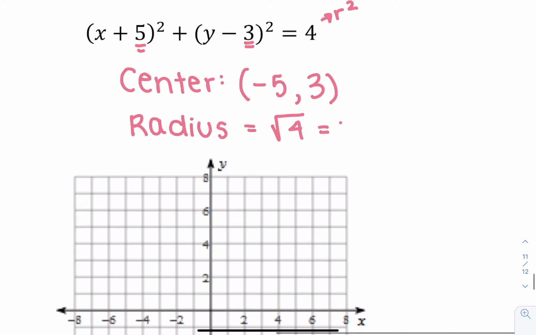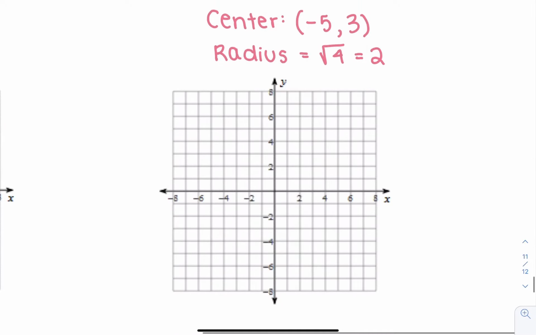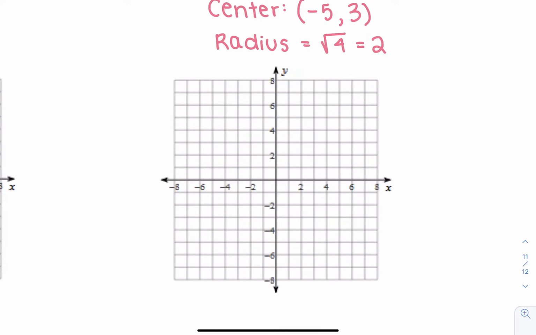So it is 2. Now our center is at -5, up 3. So I go -5, up 3. And now I go over 2 this way, so that's like 2. I go up 2, left 2, down 2, and then I draw my circle.